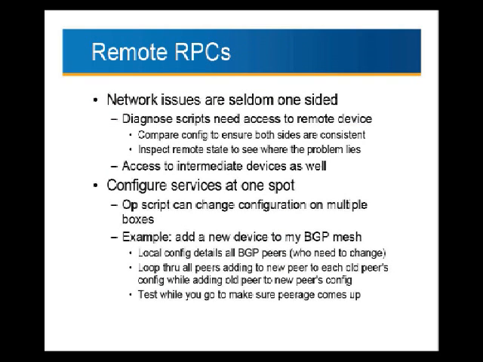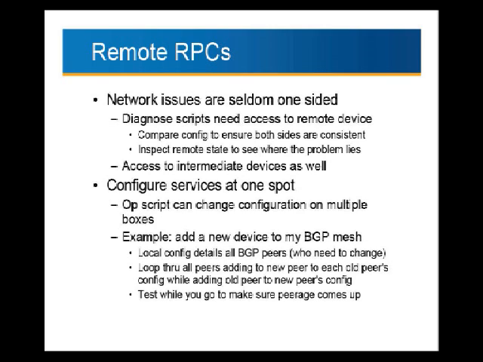In addition, you can perform remote RPCs. NetConf is supported over SSH, and our box can do SSH, so you can contact another router, do an RPC to that router, and get information from that. Most network problems are not isolated to a single node, so being able to get information from both nodes gives you a better chance of diagnosing the problem.